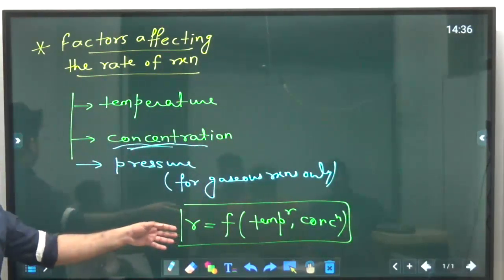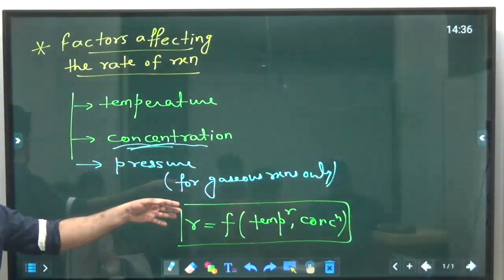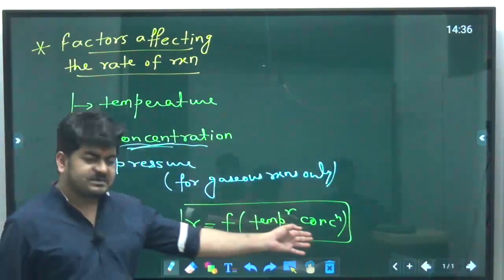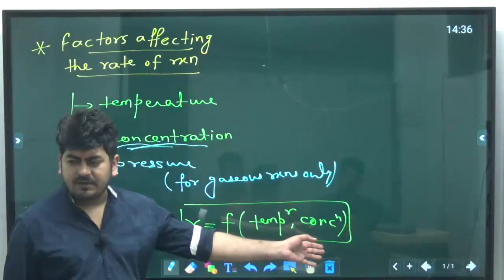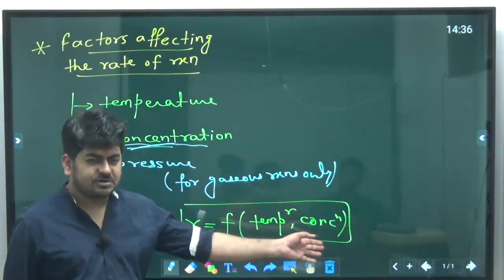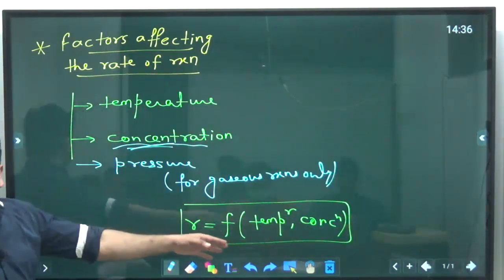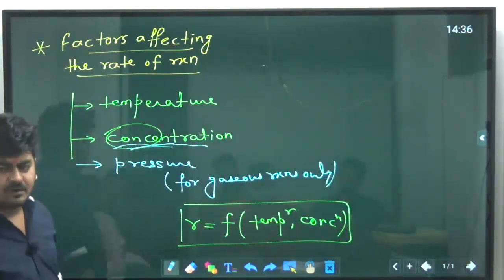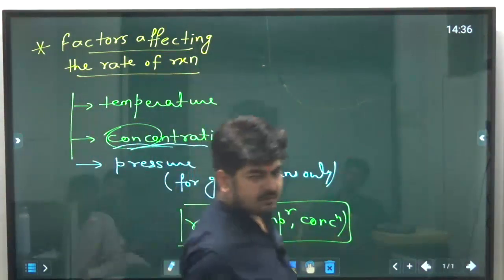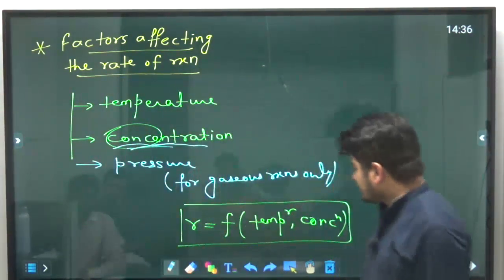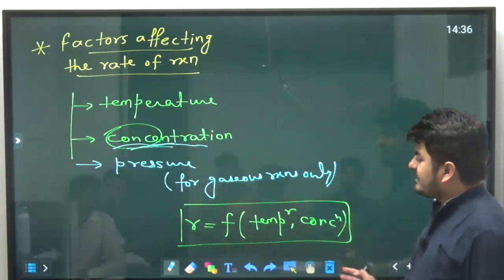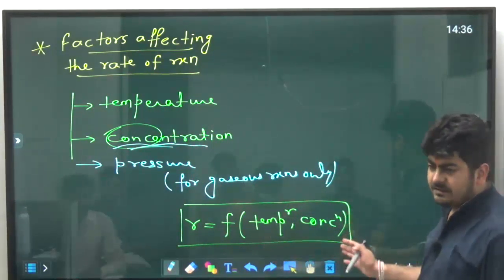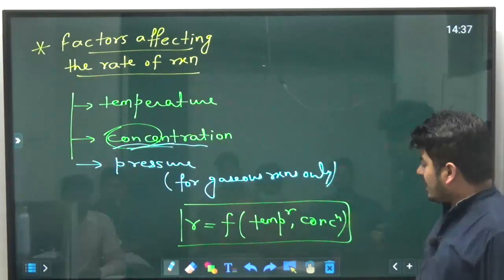Now you can see that if pressure is an independent factor, we should consider pressure as well here in the mathematical equation. Okay, but they don't do that because they know pressure can be included in concentration itself for gaseous reactions. So mathematically that's how we can represent the rate of reaction as a function of temperature and concentration.